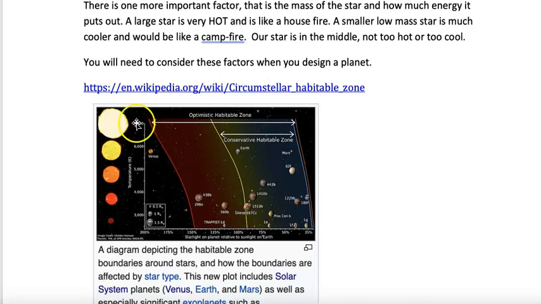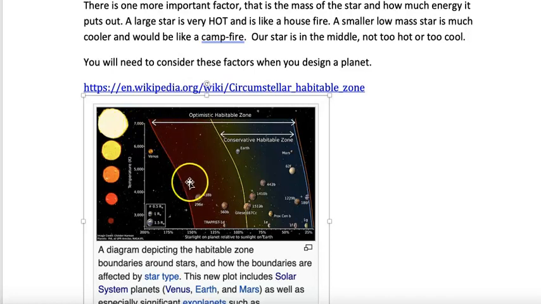More massive stars than our own, we're in a G-type star right here, and here's Earth, are going to put out a lot more energy. So in your program, you're going to put in, is it 1, 2, 50 solar masses? What kind of star do you have? How big is it? How much energy? How hot is it?